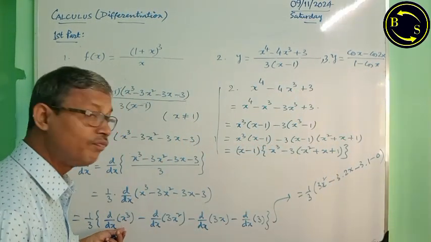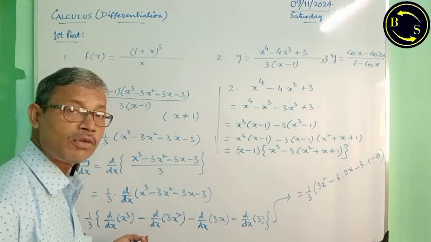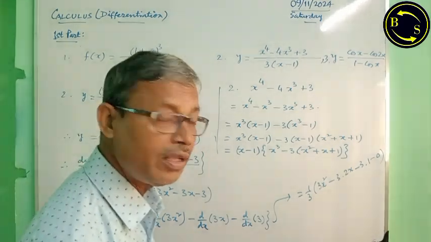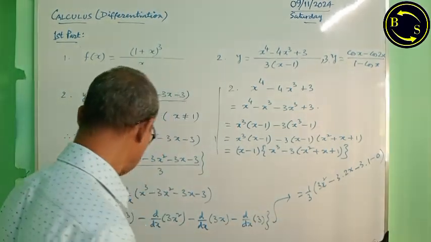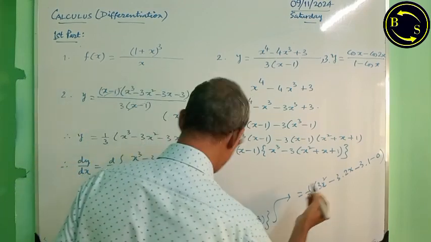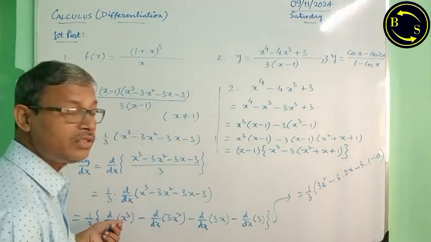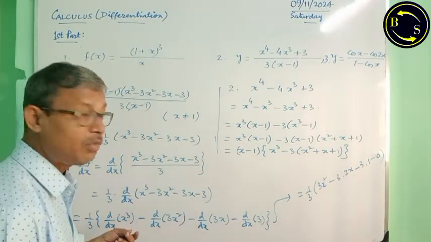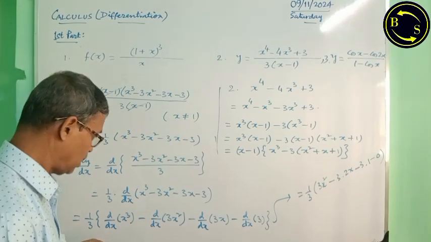Derivative of x cube, form d dx of x to the power n, that is n x to the power n minus 1, 3 into power 3, that means that will be 3 minus 1, that is 2.